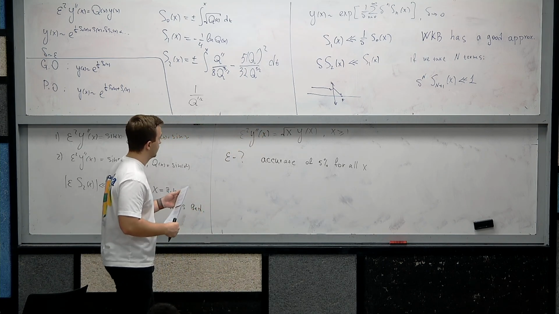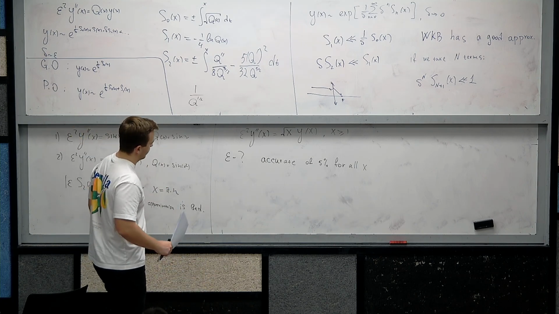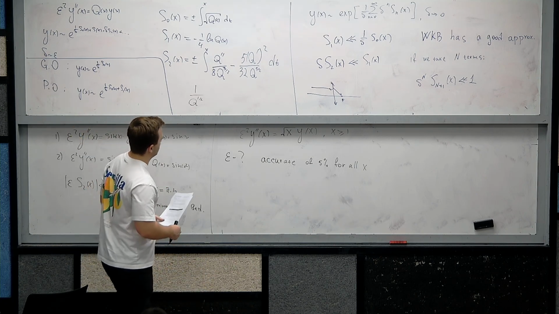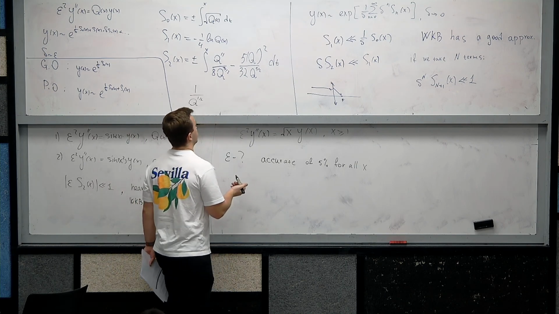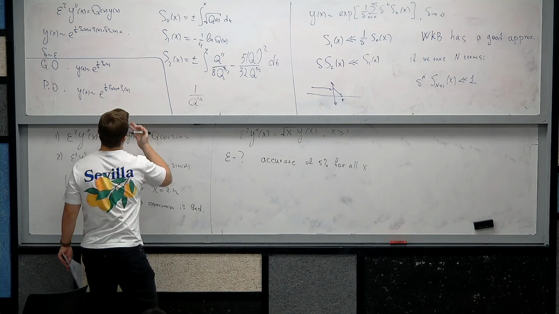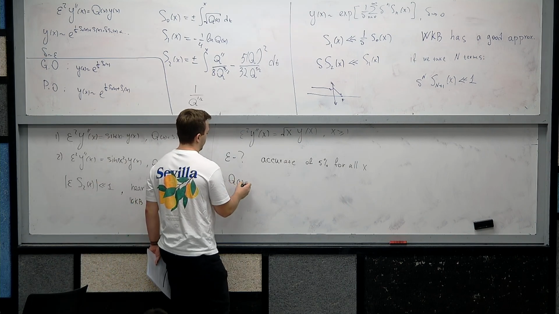Again, we're going to use physical optics. First of all, to use physical optics, we need to calculate S0 and S1. In this case, Q of x is square root of x.